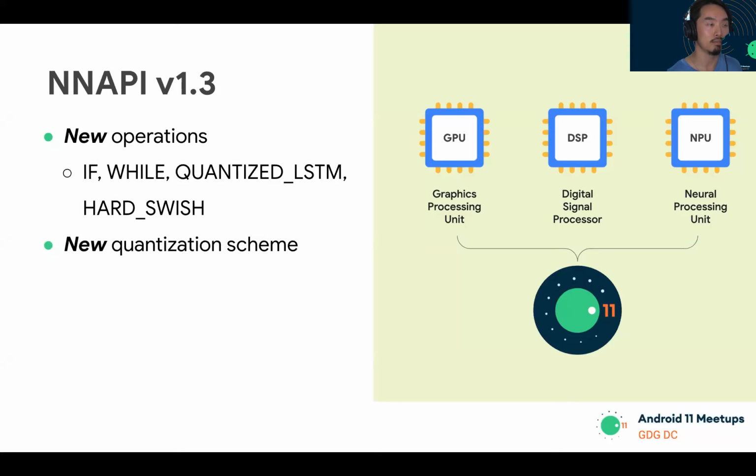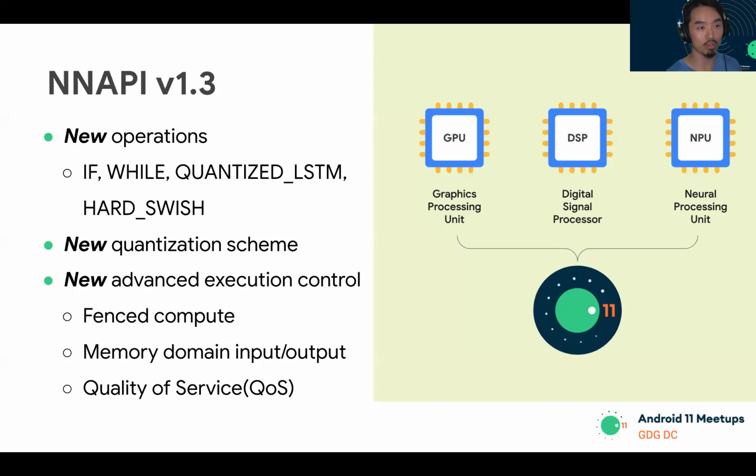There's algorithms for training a little bit more efficiently with hard swish, if you're familiar with that. New quantization schemes, as well as more control over how you execute your machine learning models on the device, including fencing the compute, more control over the memory domain for both the inputs and the outputs, as well as controlling the quality of service for when executing your machine learning model.